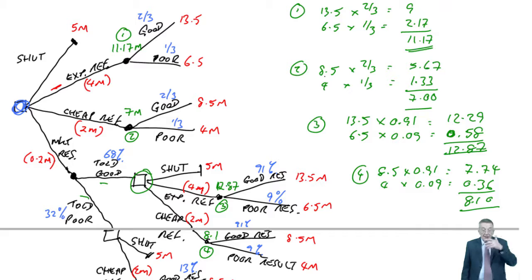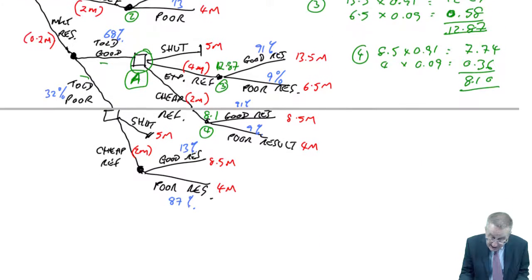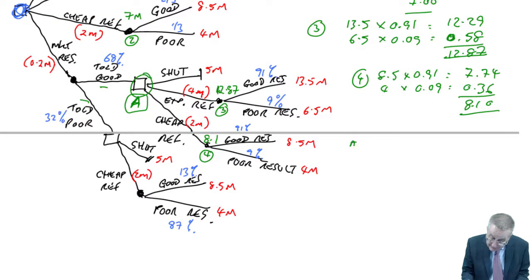Now, why am I doing this? Because I need to know what choice we make if we do market research and if we're told it's good. Well, now I can decide. If I label this box A, what is my choice? Box A, with the choice, we either shut and we get 5 million.